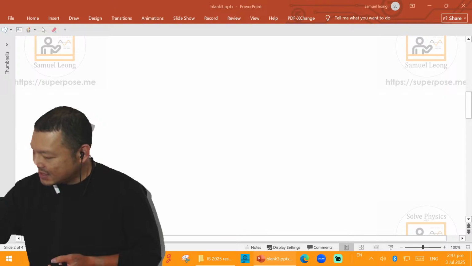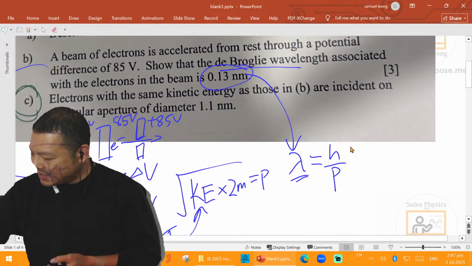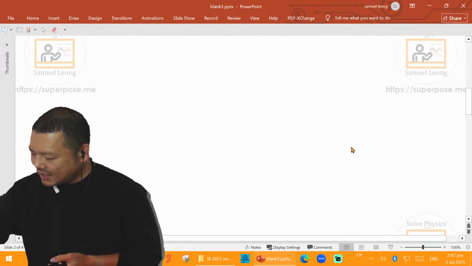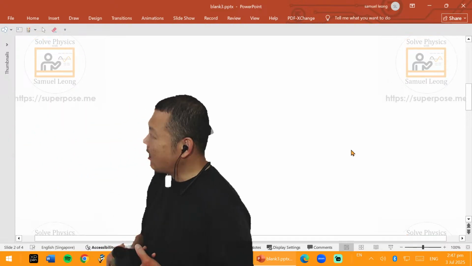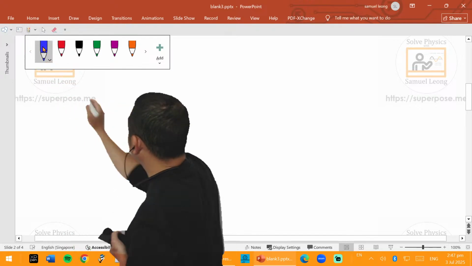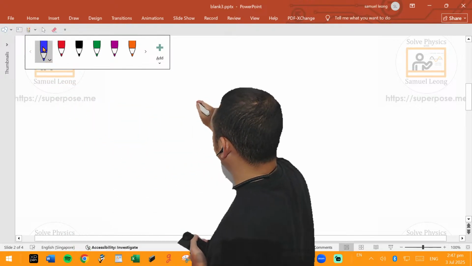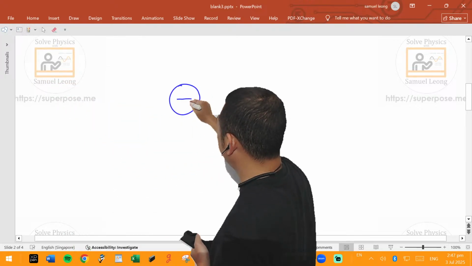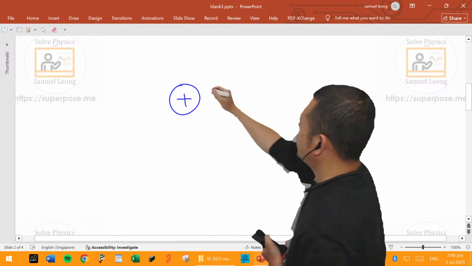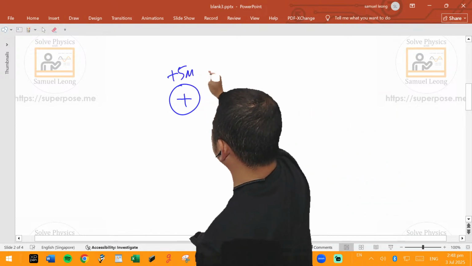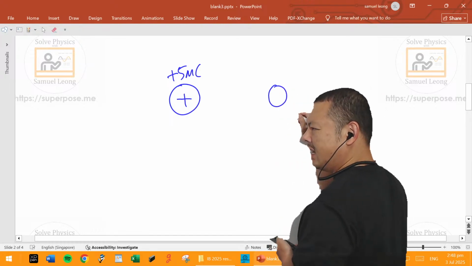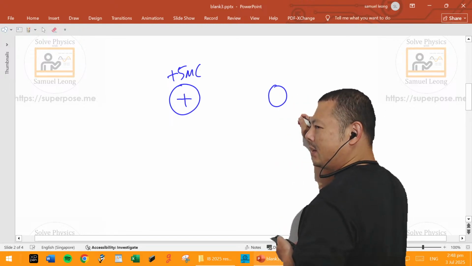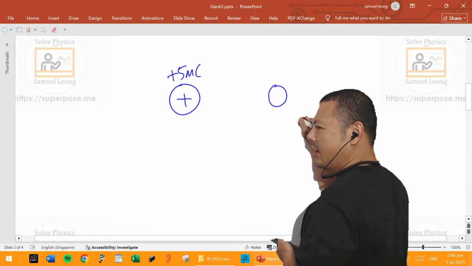For which one? Now point. Let's talk about null point. Is it? Okay. So let's say plus 5 microcoulombs. Are you talking about E2 or D2? E2, but E2 is photoelectric effect, right?